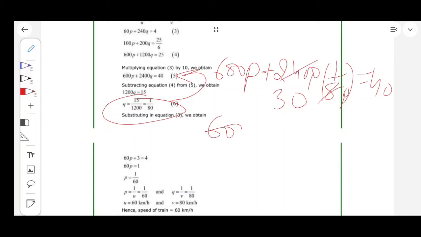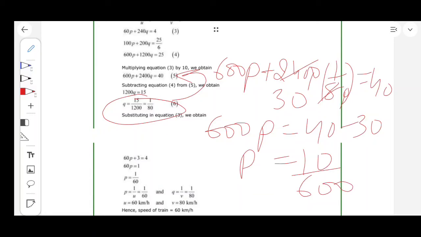So 600p would be 40 minus 30 equals 10. So p would be 10 upon 600, or after simplifying, p equals 1 upon 60.